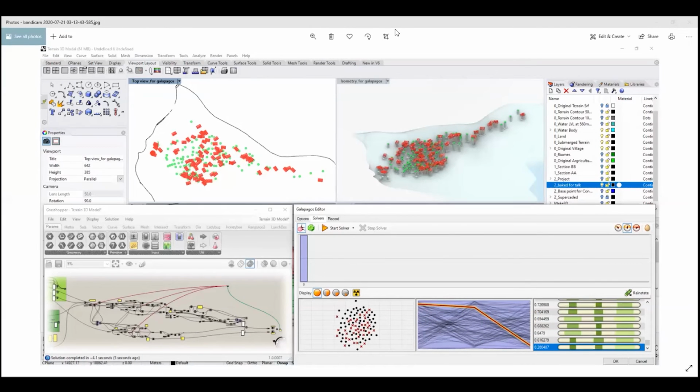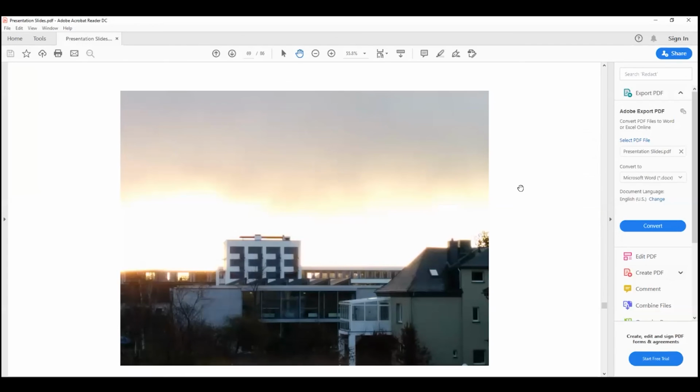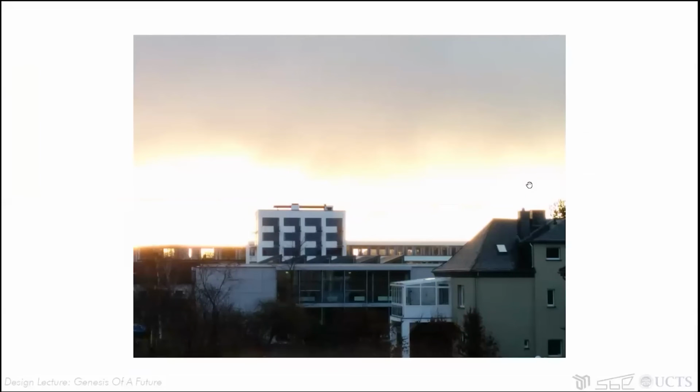Where is my slide? Oh, yeah. Okay, cool. Yeah, so that was what I did. And that was the tool in Dia, which I used to make my project. And that was about associative logic and generative design that I had on my first try.